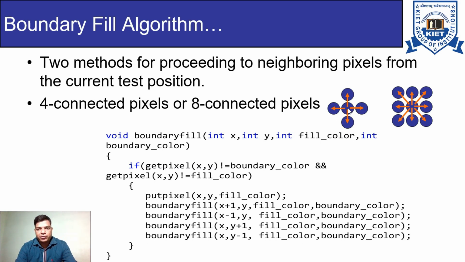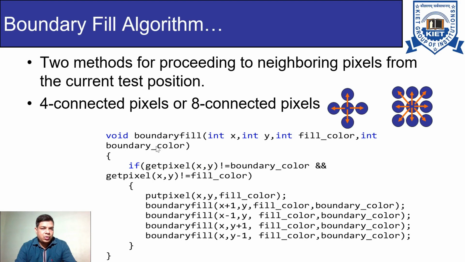So in 4 connected we are choosing these 4 neighbors, while in case of 8 connected we are also choosing the pixels which are on the diagonals. So you can see that from this pixel 4 pixels are connected and from this pixel 8 pixels are connected. The 4 connected method is used in partial filling of an object. But if you want to fill the object completely, then in that case you have to use the 8 connected method.